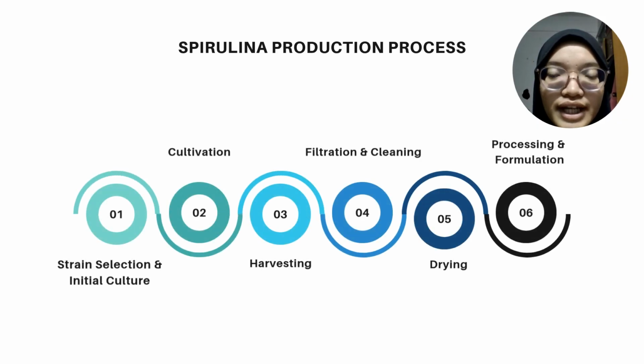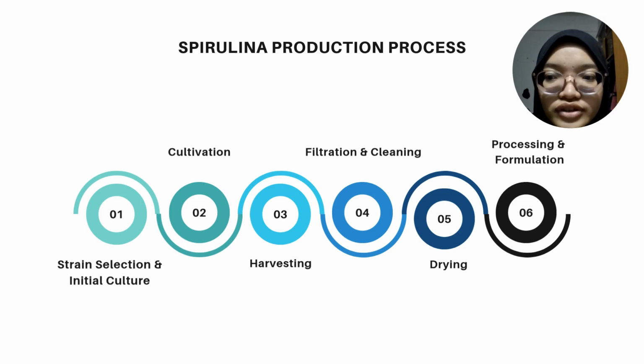So we move to the next slide, which is the spirulina production process. There are 8 processes of making spirulina. Firstly, strain selection and initial culture. DSN begins by selecting the most suitable spirulina strain with optimal nutrient content, growth stability, and safety.